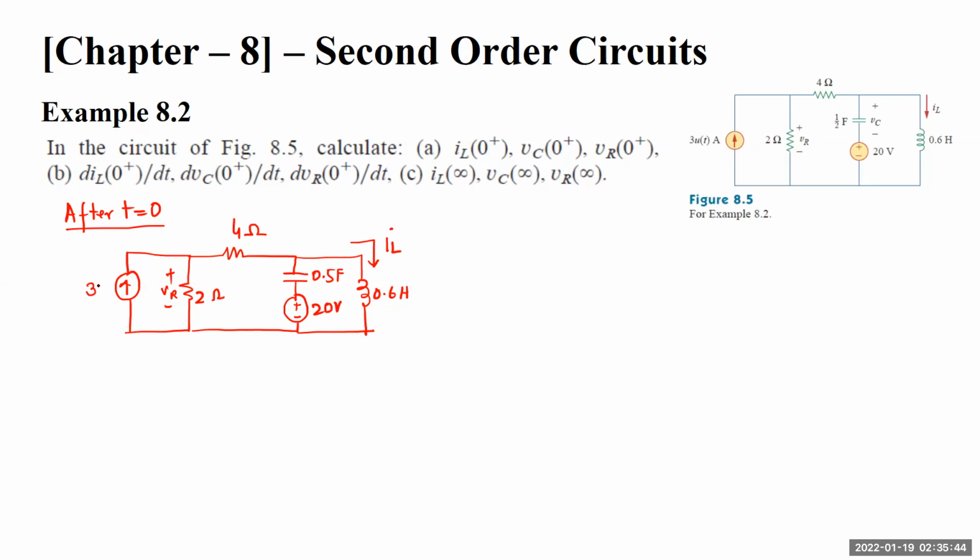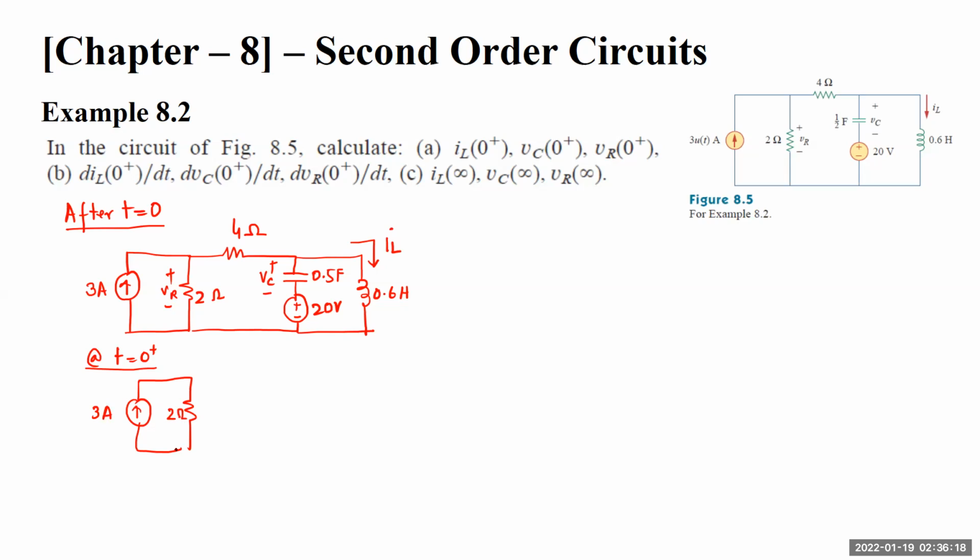This is a 3 ampere current source, and I'm not writing u(t) because we know it is after t equals 0. This voltage won't change instantaneously, and this current won't change instantaneously. It means my effective circuit at t equals 0 positive is something like this.